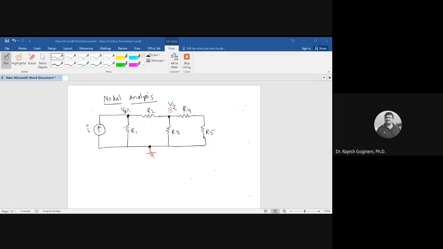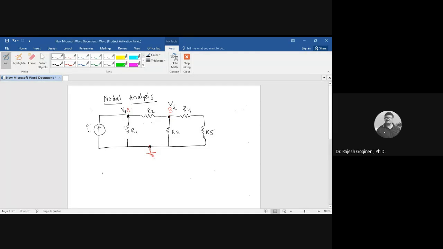Voltage means we need to define it between 2 points. So the voltage at node A is V1, that is the voltage between node A and the reference node. Similarly, at node B, the voltage is V2, again with reference to the reference node.